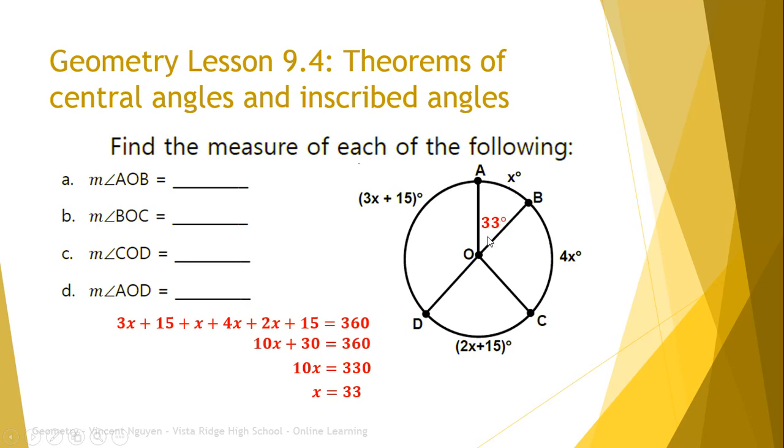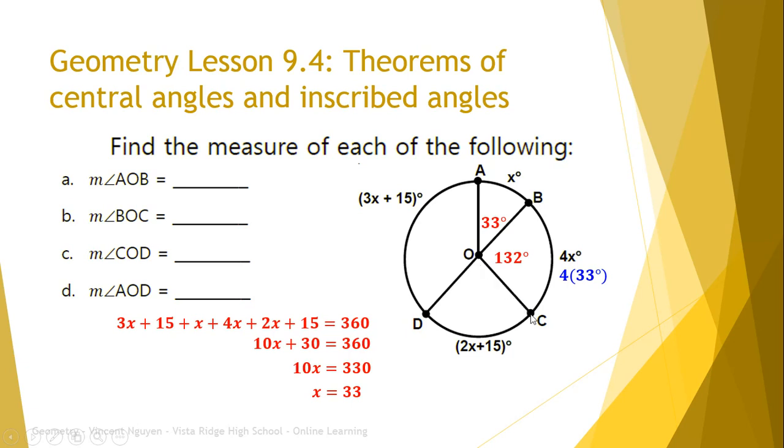So the central angle 33 is equal to the arc. Next, we're going to do arc BC, which is 4x. We substitute 33 in there and multiply by 4 to get 132 for the central angle BOC.